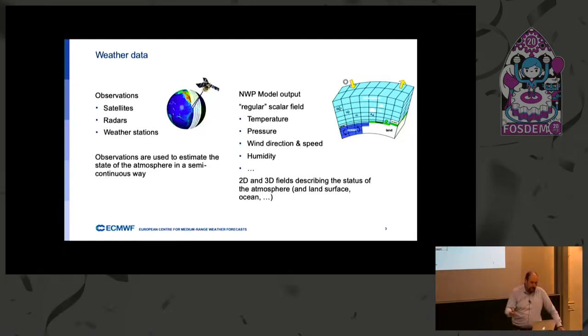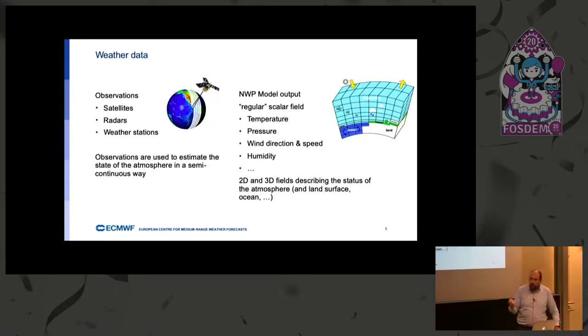Obviously, the variables are temperature, pressure, wind speed and direction, humidity, and so on. We are interested in both 2D fields, mainly on the land surface, and 3D fields like the whole atmosphere.